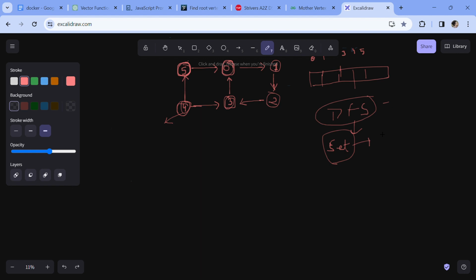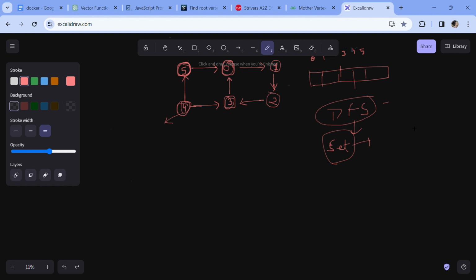So this data structure will store the unique vertices of our graph. This will reduce our DFS calls.